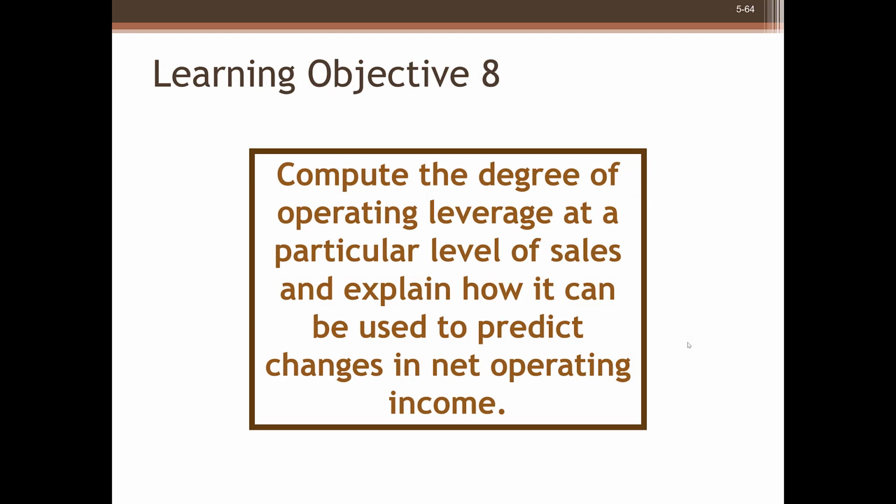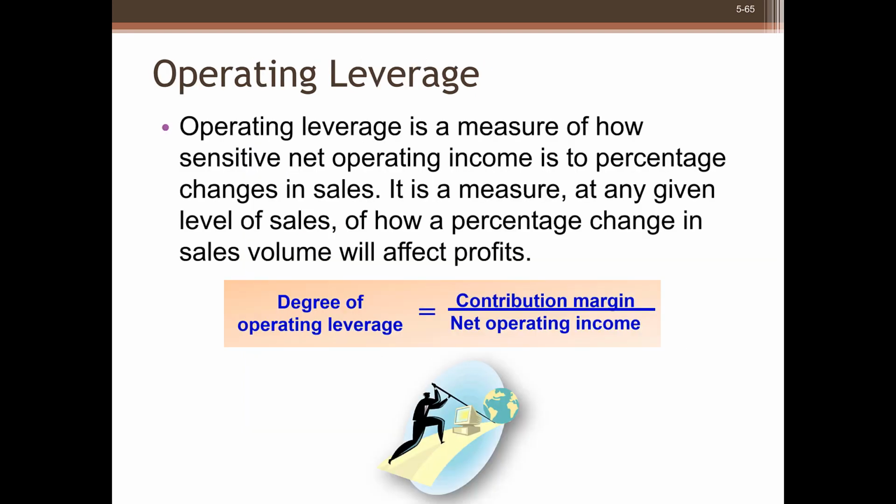Learning Objective 8 is to compute the degree of operating leverage at a particular level of sales and explain how it can be used to predict changes in net operating income. Operating leverage is a measure of how sensitive net operating income is to percentage changes in sales.